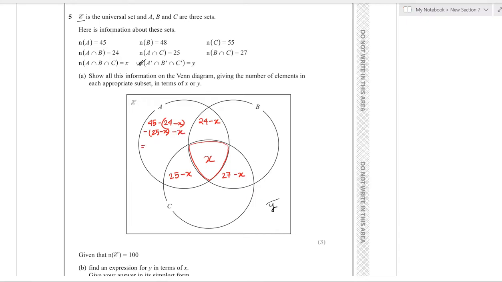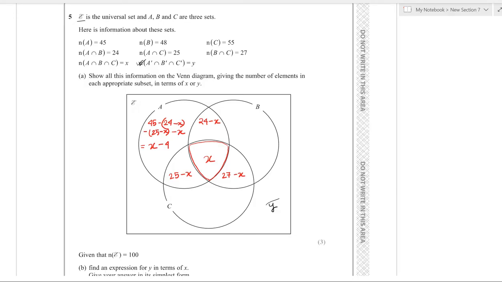So if you calculate it, 45 minus 24 minus 25, you're going to be left with minus 4 and one positive X. So you can write X minus 4. X minus 4 are the number of elements that are only under the set A.